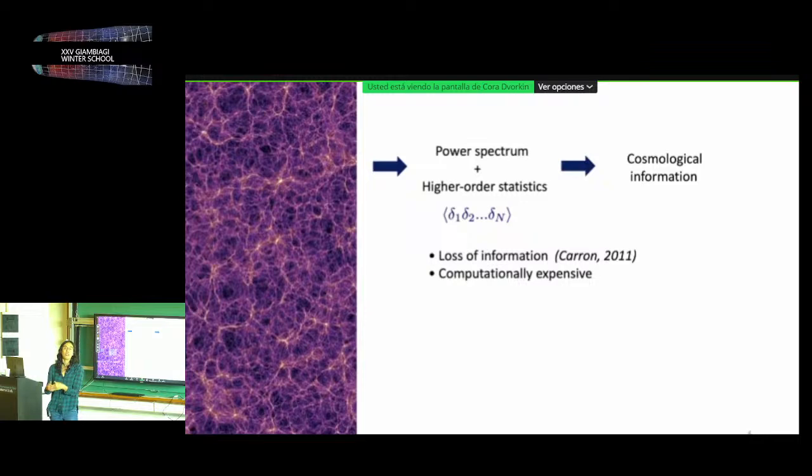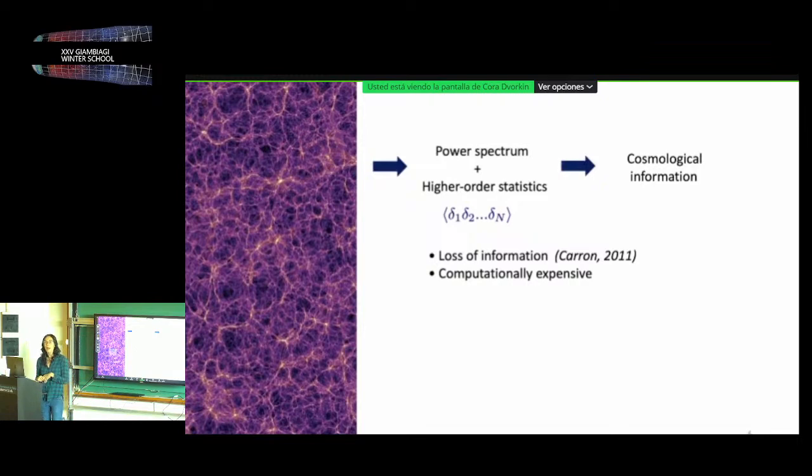But to measure the error bars, you need to run simulations, and measuring these triangles is more expensive than measuring 2-point functions. When you go to higher and higher point functions, it becomes more and more expensive to run these simulations and measure the higher order point functions in order to estimate the error of the statistics that you're considering. It becomes really difficult.